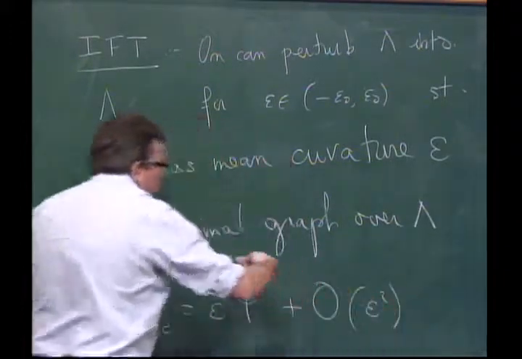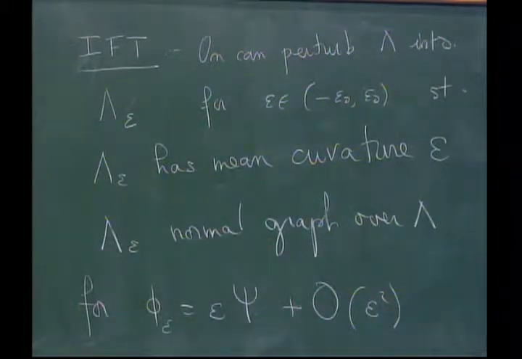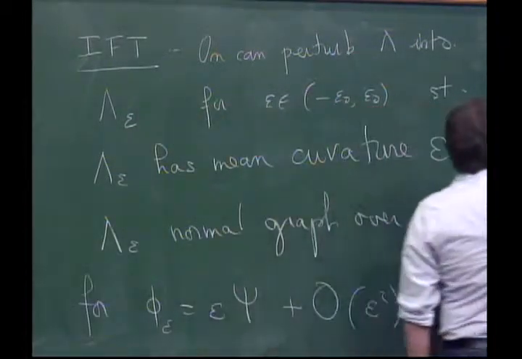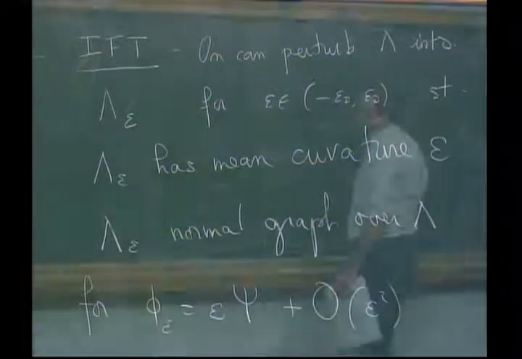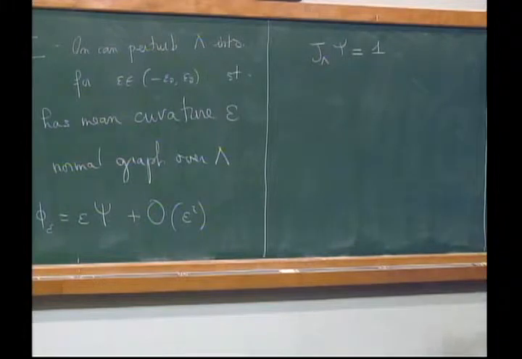So there is an expansion in powers of epsilon. And what this function psi solves is the equation J lambda psi equals 1. This is very, very simple.